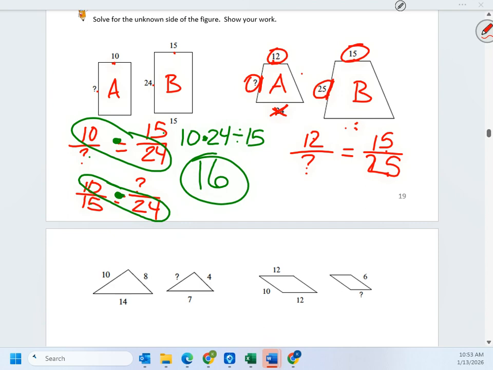Can I do 12 times 25 divided by 15? Yeah. So I'm going to multiply the diagonal and divide out that extra one. What is 12 times 25 divided by 15? About 20.